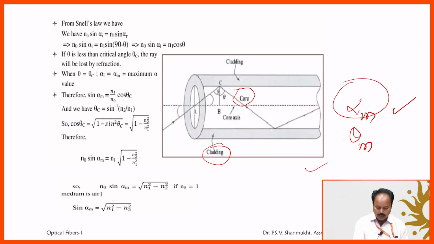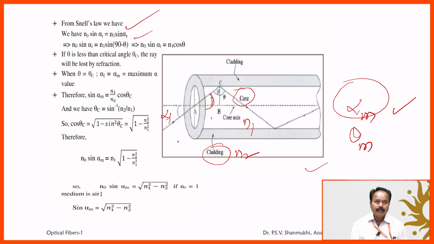Coming to Snell's law, suppose our assumption is that the core refractive index is N1 and the cladding refractive index is denoted by N2. The incident angle is denoted by alpha I, and the angle of refraction by alpha R. Applying Snell's law at this interface, what do we get?